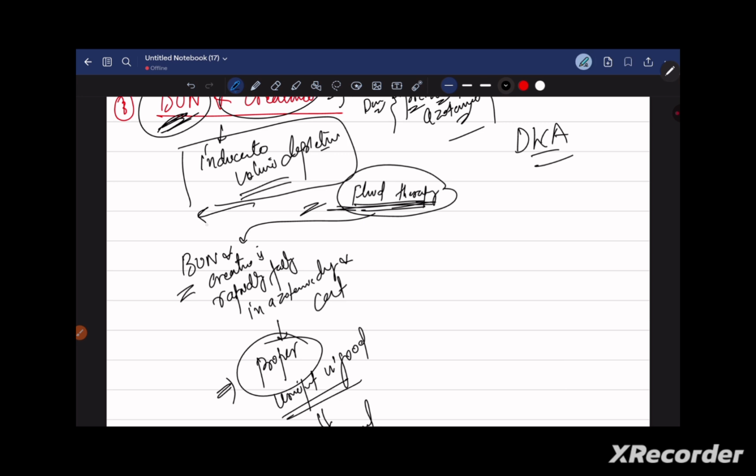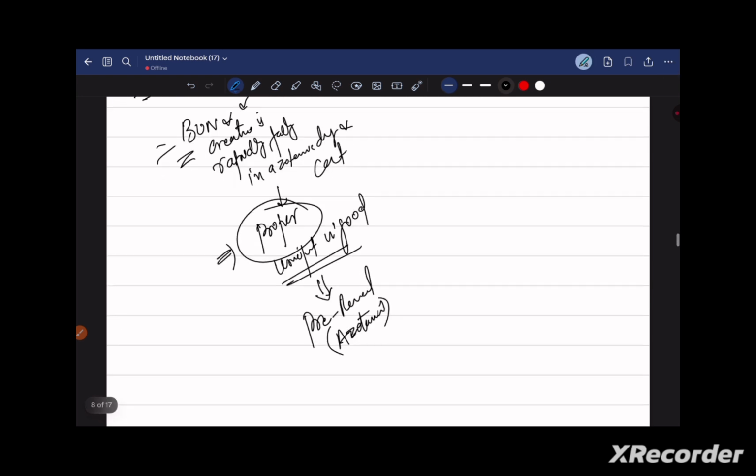Before the fluid therapy you took a blood sample for the BUN and creatinine analysis, and after that you found a rapid drop in the concentration of these two molecules. So if there is a rapid drop, it will help you in diagnosing that this was actually pre-renal azotemia. Okay, and the kidneys are working properly, there is proper urine output.